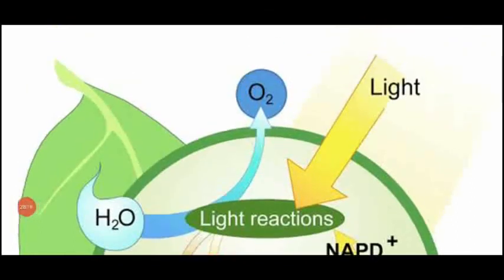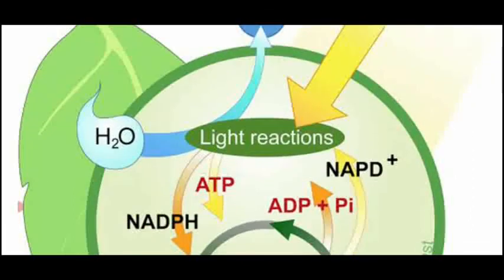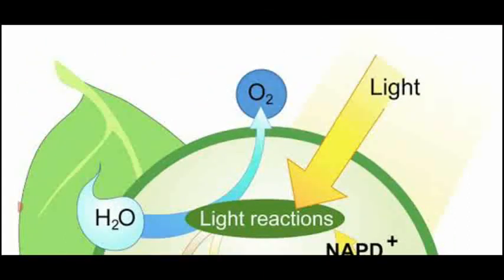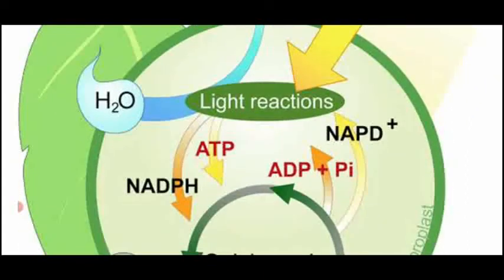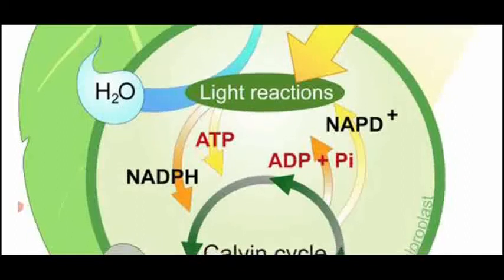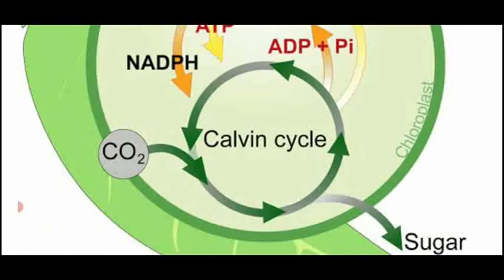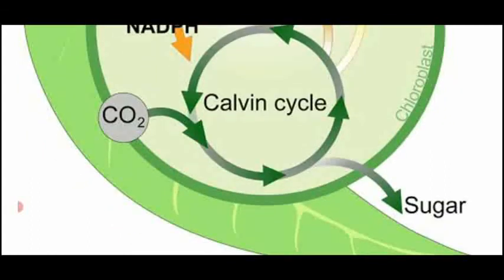These are the reactions which take place in the chloroplast: the light reaction, by absorbing sunlight, produces ATP and NADPH2. Then this ATP and NADPH2 enter into the Calvin cycle.